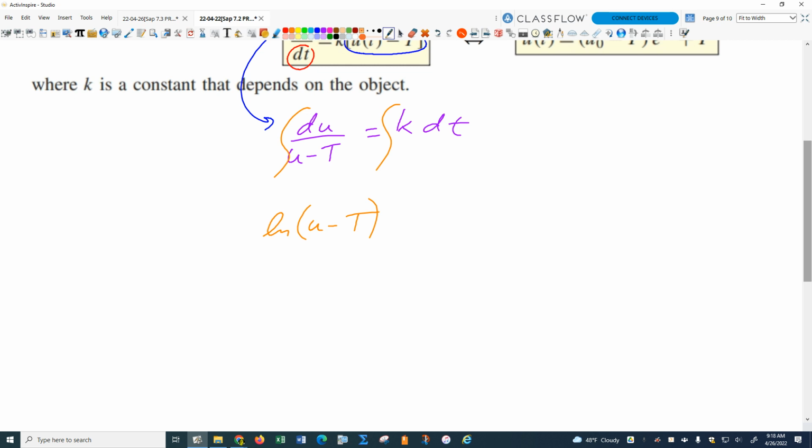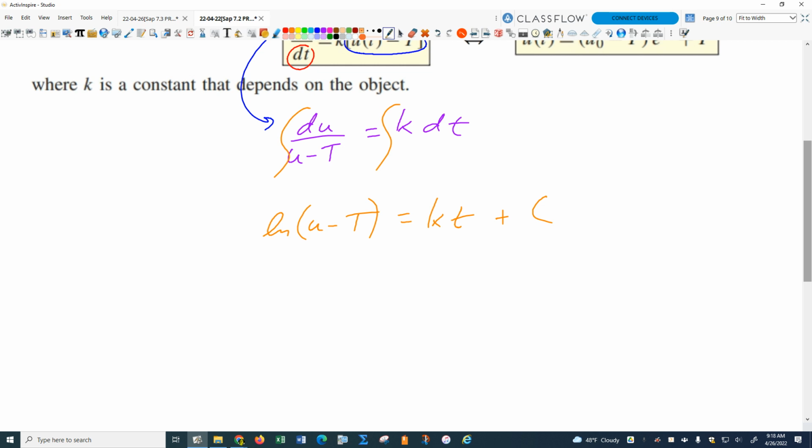I can just make it parentheses. Equals, how about this side? What's the integral of k dt? kt, what do I need? I'm not done. I just did an indefinite integral plus c, right?